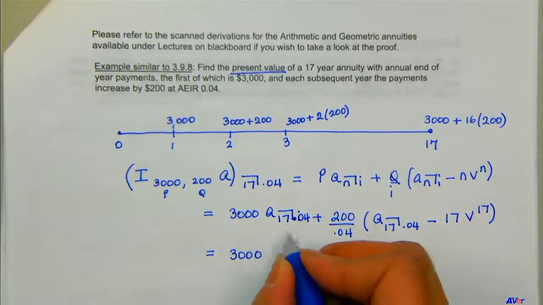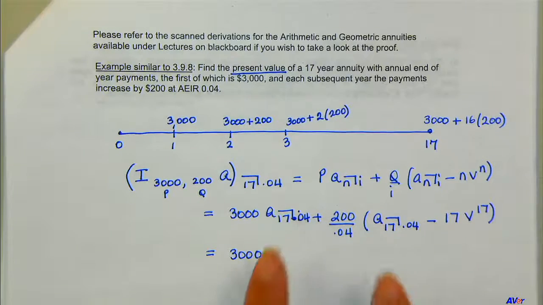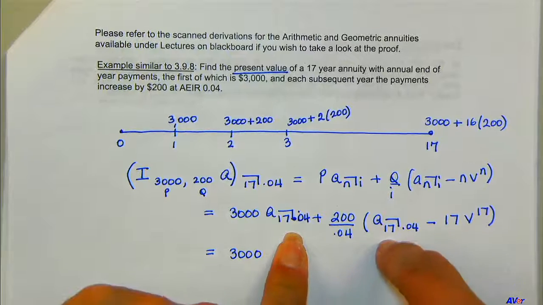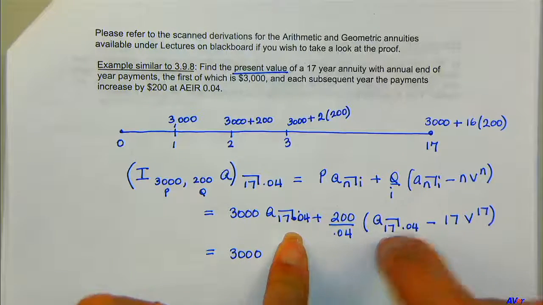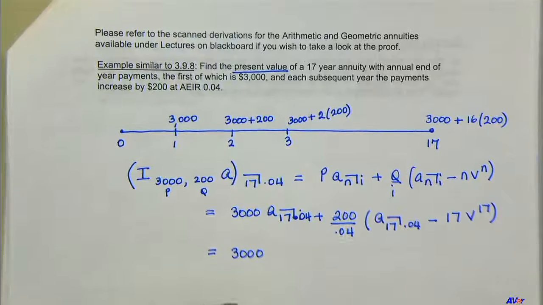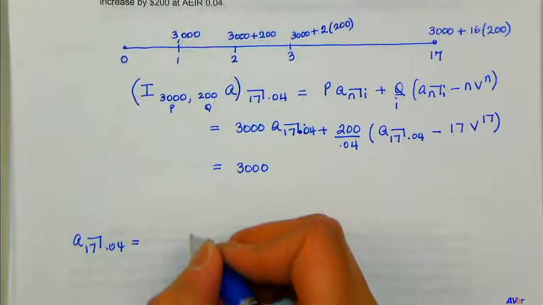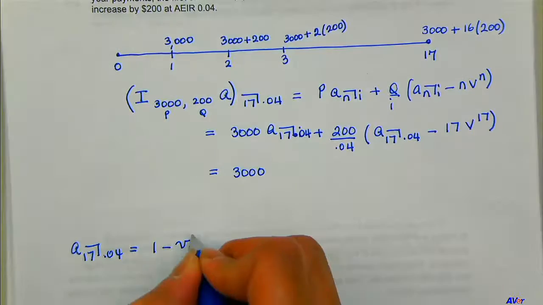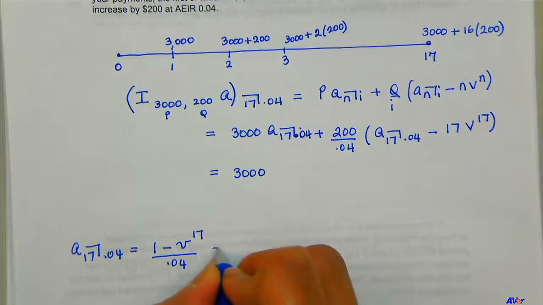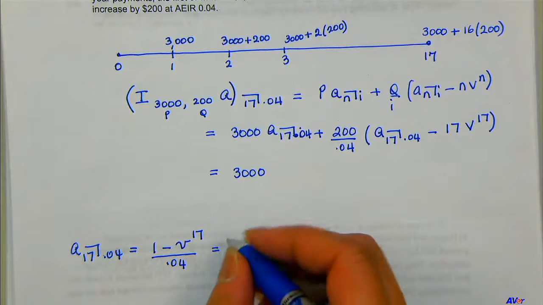3,000 times, let's go somewhere else and figure out A angle 17 at 0.04, because you notice that I need that twice, right? So go somewhere else. A angle 17 at 0.04. What's the formula for A angle N? 1 minus v to the N over I. So I have to figure this out on my calculator.